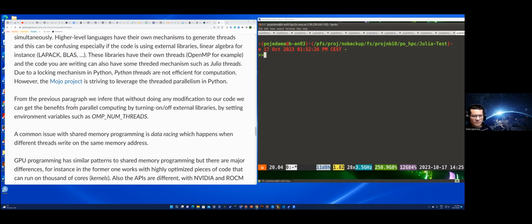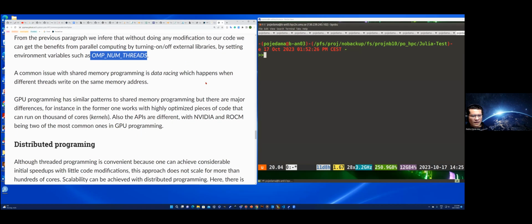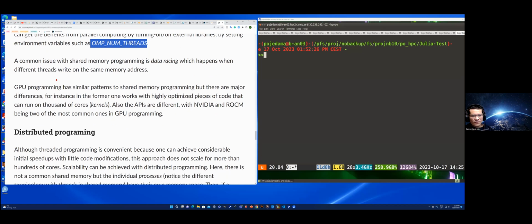But this is an experimental project. In the case of the external libraries, one can activate the threaded mechanism by using environment variables such as this one for setting the number of threads, right? And as a shortcoming of shared memory programming, we can have data racing, which happens when different threads write to the same memory location.